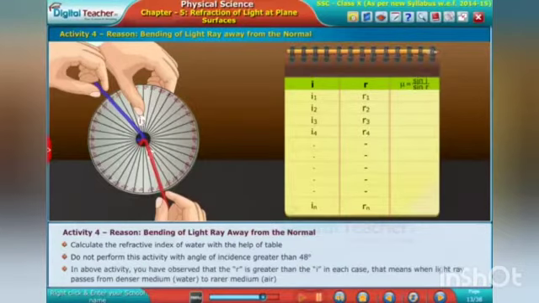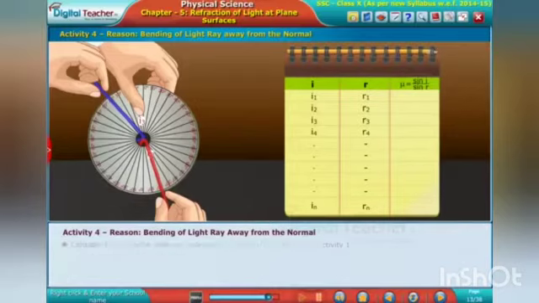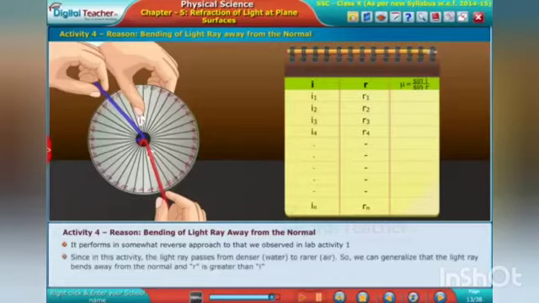In the above activity, you have observed that i is greater than r in each case. That means when a light ray passes from the denser medium, water, to the rarer medium, air, it bends in a way opposite to what we observed in lab activity 1.